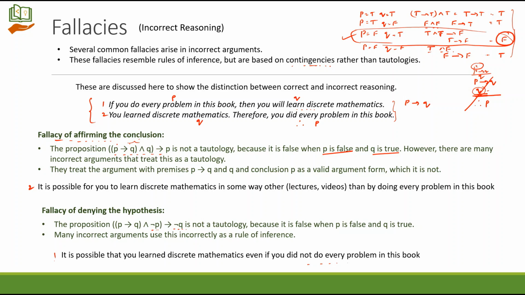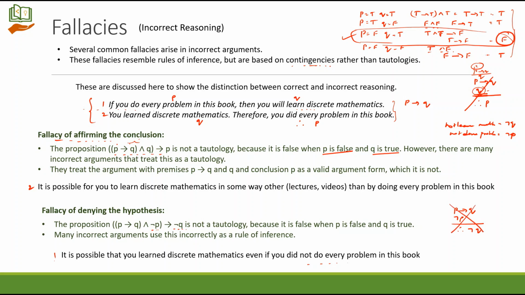That is what is negation of Q. Not learn maths is what they say negation of Q. Not done every problem in this book is what they say negation of P. From this they are picking this particular rule of inference. P implies Q. Negation of P will therefore conclude negation of Q, which is again a fallacy.